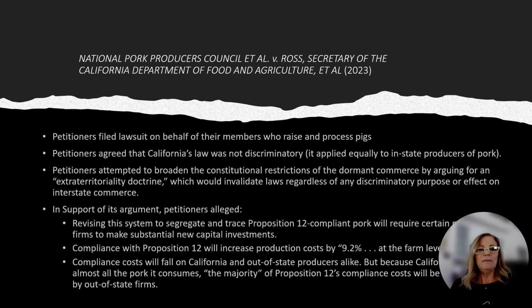And they said, because if we had to revise our whole system and segregate so that we can comply with Prop 12, that would be a huge burden on us, and it would increase our production costs and our compliance costs. So it's going to be a lot for us to have to do this.